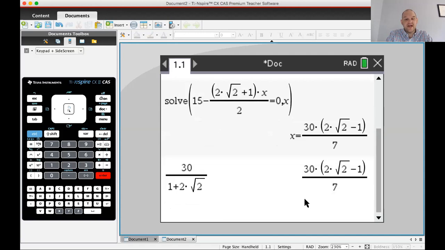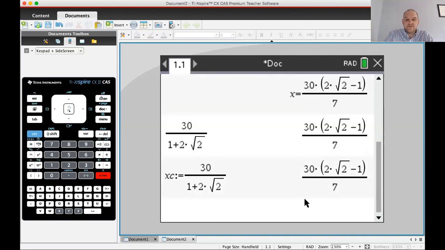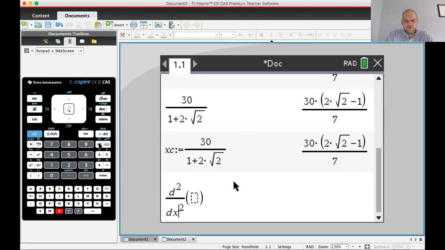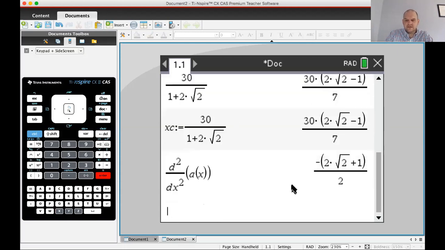Yes, the calculator rationalized the answer, so that's unexpected, but it should have been expected because it always rationalizes, which is kind of annoying. Okay, so this is what we got for our x value. So I'm going to store that because I do not want to type that again. Okay, then we found the second derivative with respect to x of A of x. And let me get a decimal.